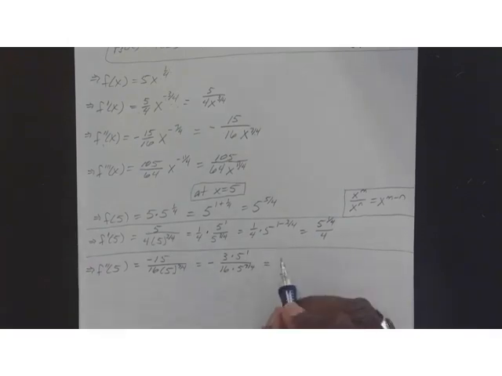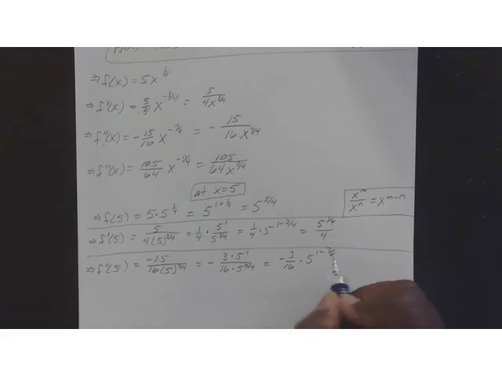So that's equal to negative 3 over 16, 5 to the first power, divided by 5 to the 7/4 power, is 5 to the 1 minus 7/4, which is negative 3/4.